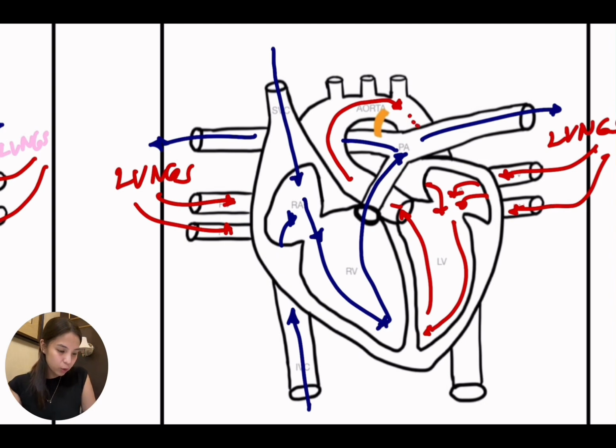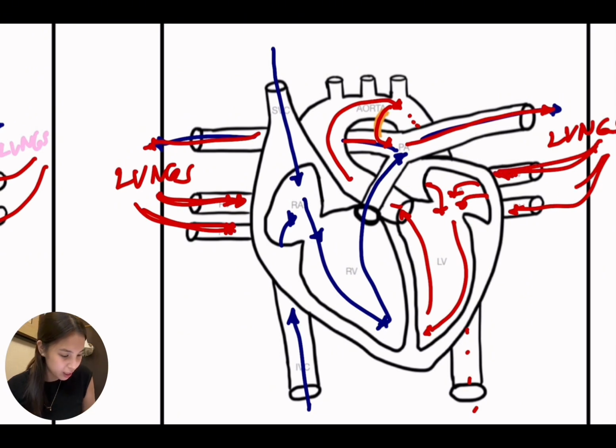However, instead of going to the rest of the aorta, because of the presence of the ductus arteriosus over here, blood goes this way instead, through the ductus arteriosus and into your pulmonary arteries, where the blood again is brought back to the lungs, from the lungs to your pulmonary veins, and then to your left atrium, and then left ventricle, supposedly to the aorta and to the rest of the body.